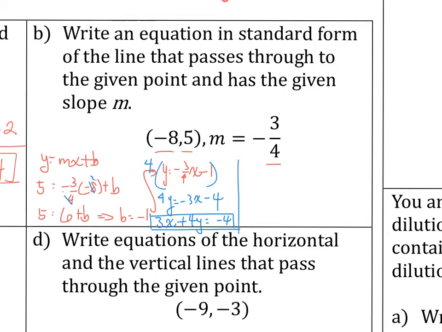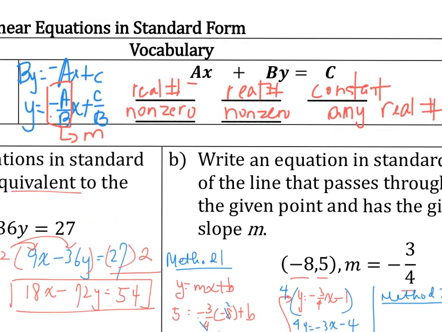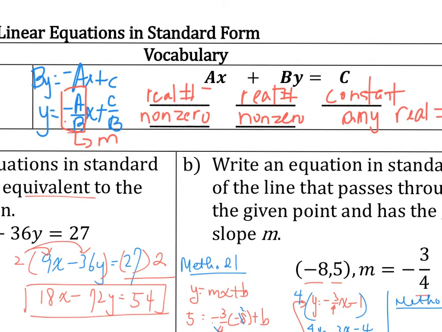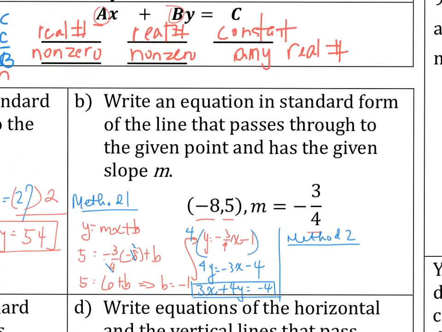Now I'm going to show you method 2. So I'm going to first write method 1 and method 2. Okay, so now it gives you that the slope is negative 3 over 4, and earlier I told you that negative a over b will give you the slope of the linear equation.